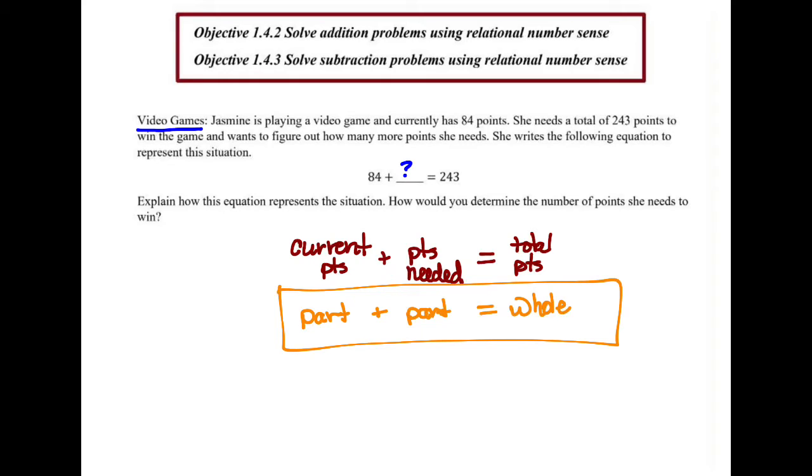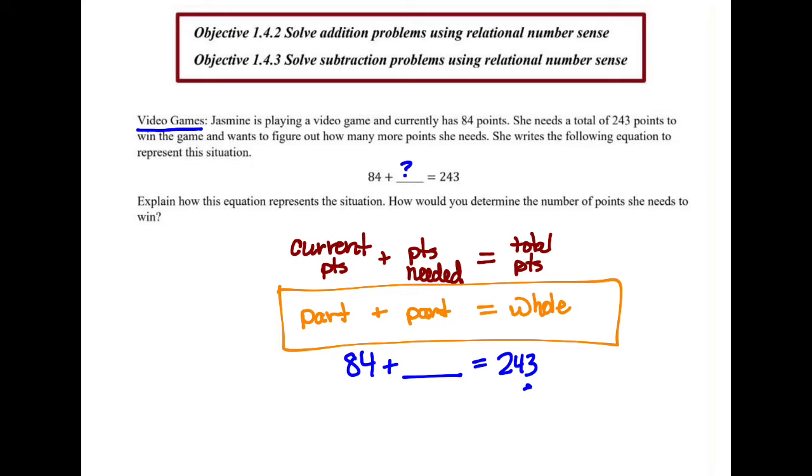Now how would you determine what she needs? We kind of did that on a previous problem. You need to work it backwards, right? So what do we need to add to 84 to get 243? You're going to work it backwards.